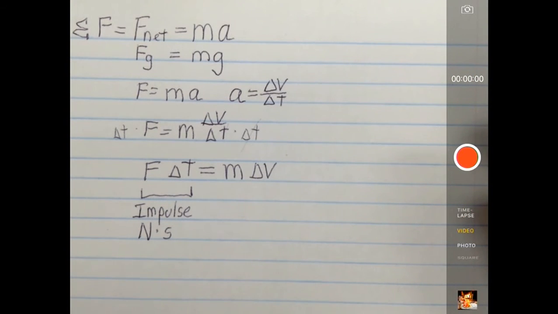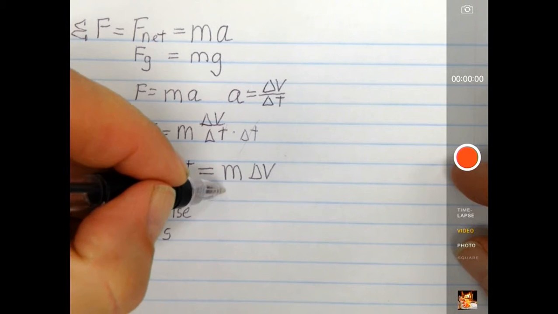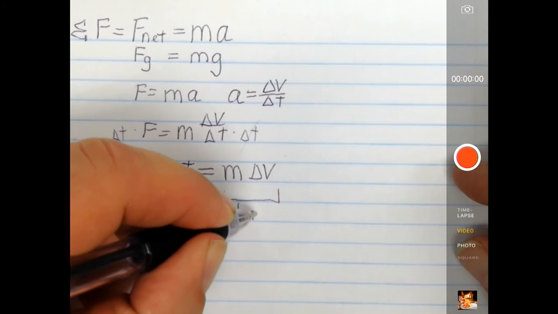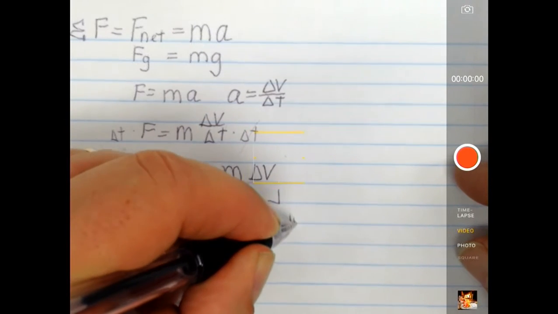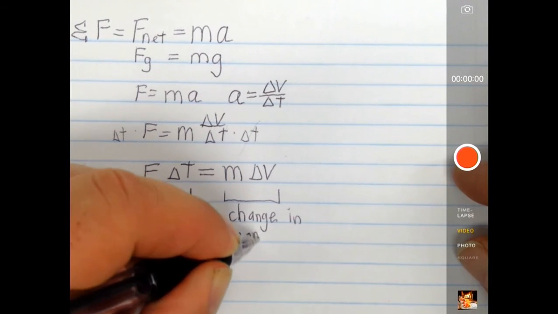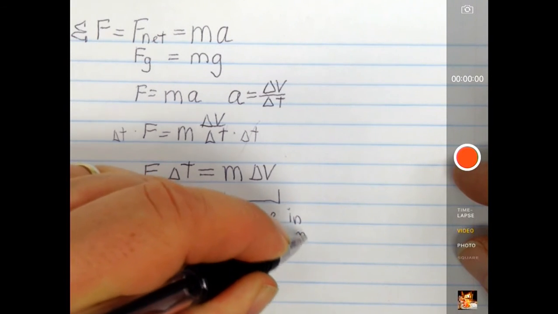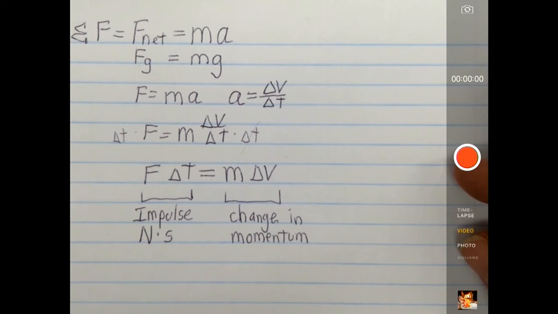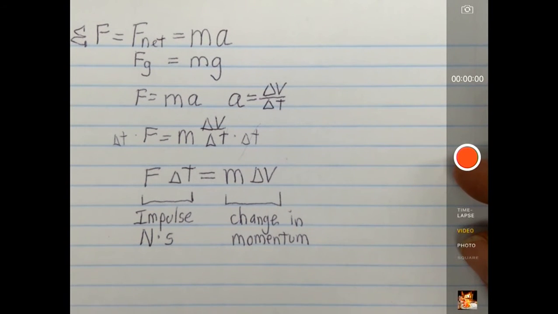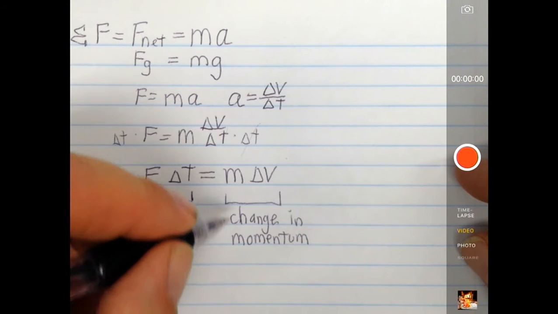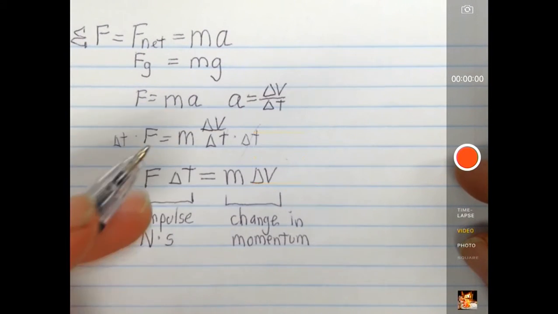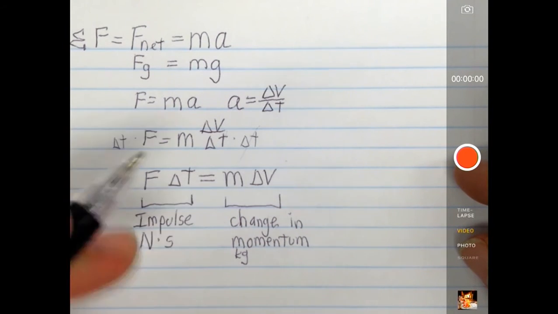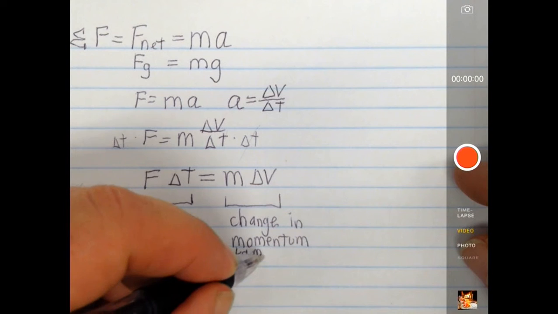Newtons times seconds. The term on the right is called the change, because of that delta, change in momentum. A new term that you haven't had before. Change in momentum. Its units are what you get when you multiply mass, which is in kilograms, times velocity, which is meters per second.